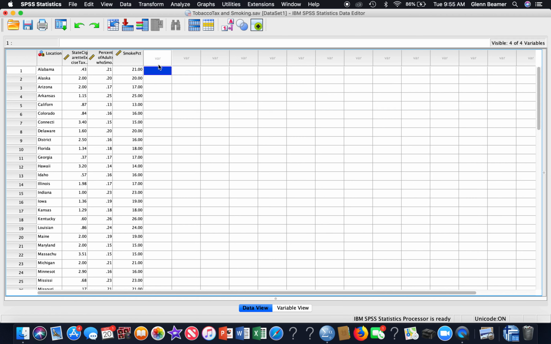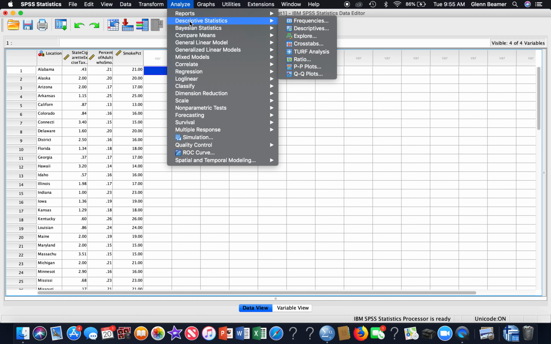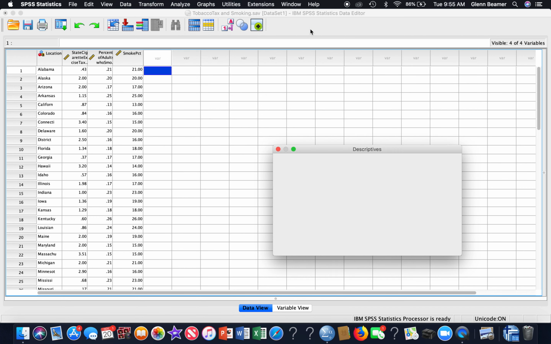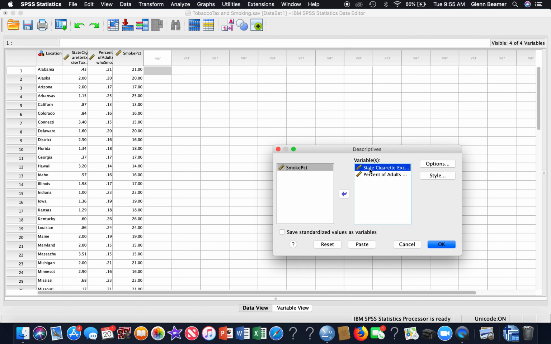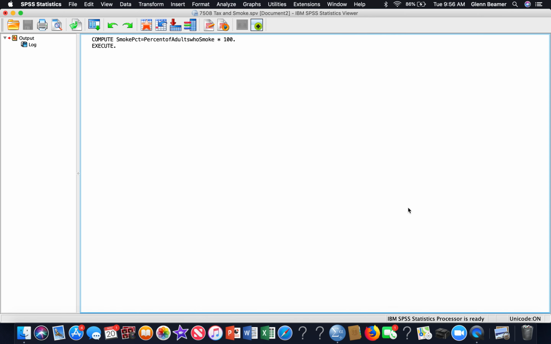The next thing I want are just my descriptive statistics. So I go to Analyze, Descriptive Statistics, Descriptives. I had already been working on this, so I want to get rid of that. What I'm going to do is the cigarette tax and then the smoke percentage. I'm going to ignore that the percent of adults who smoke is actually a proportion, but let's just see what that looks like.